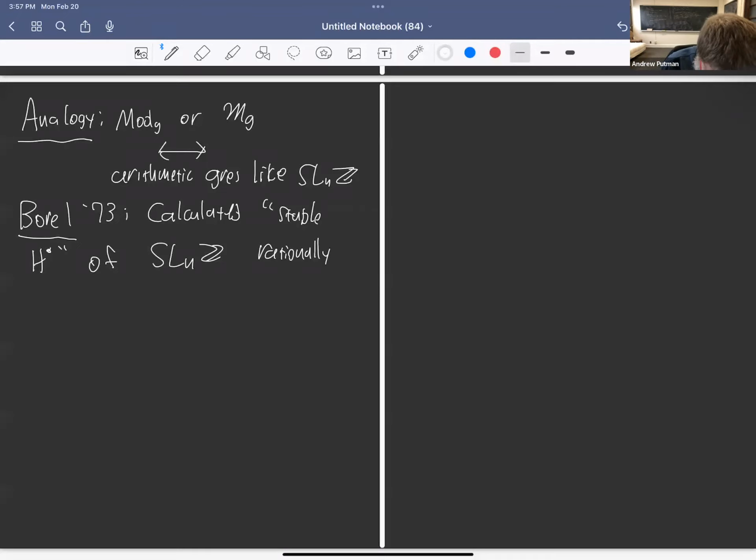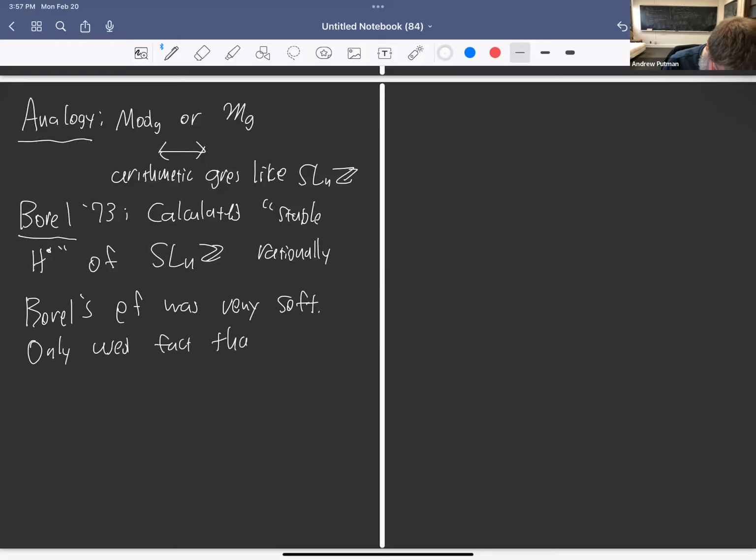But I want to make an observation about Borel's proof. Borel's proof was very soft. It did not use the fact that we were working with SL_n(Z) very much. It only used the fact that SL_n(Z) is a lattice in SL_n(R).